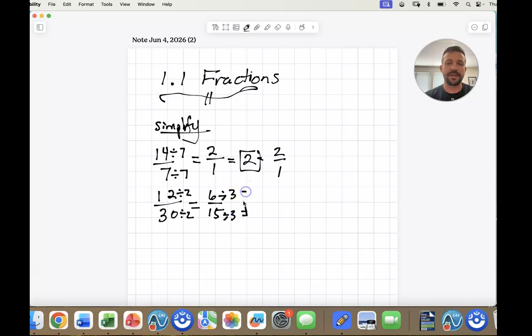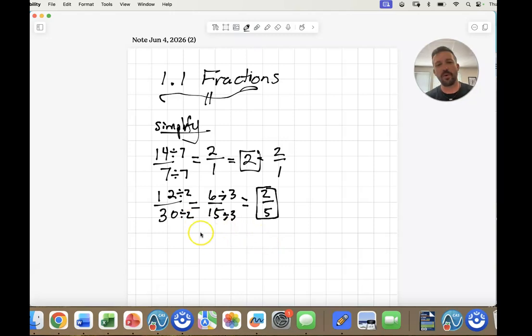That's going to give me 6 divided by 3 is 2. 15 divided by 3 is going to be 5. Okay, that is simplified from there. Now, at that point, I could see that it didn't simplify anymore because 2 is only divisible by 2, right? And 5 is not divisible by 2. So that's where you would stop and you say, okay, I'm done. I simplified it all the way.